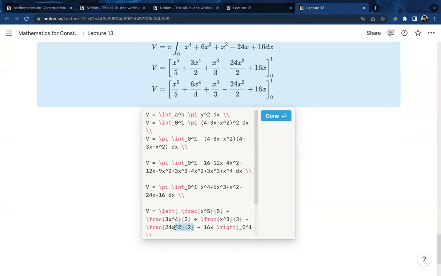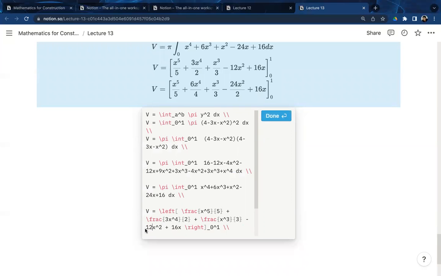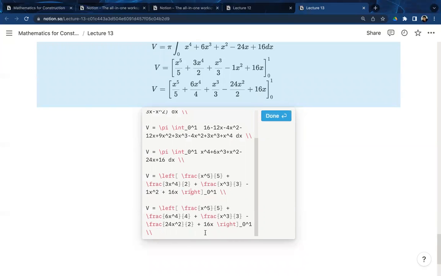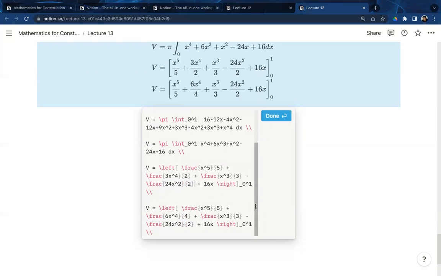So we take this out. The wrong one I take out. This is 6 over 4.